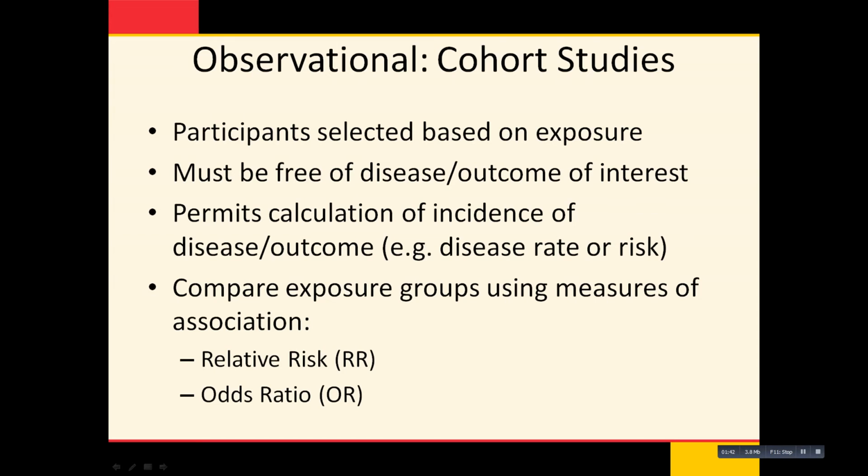And this is because we're looking at incidence, right? We want to calculate the disease rate or the risk, the incidence, new cases of the disease. So if somebody already has the disease, they cannot be included in a cohort study. Similarly, for the randomized controlled trial, in the placebo arm, you can also calculate incidence of the disease. So both study designs can give you new cases of the disease.